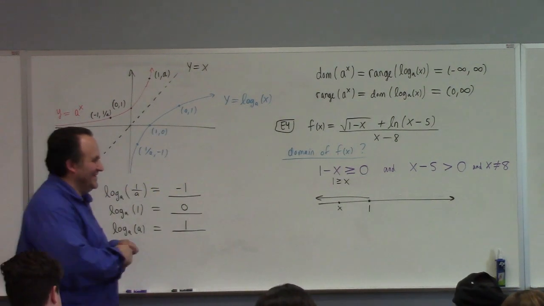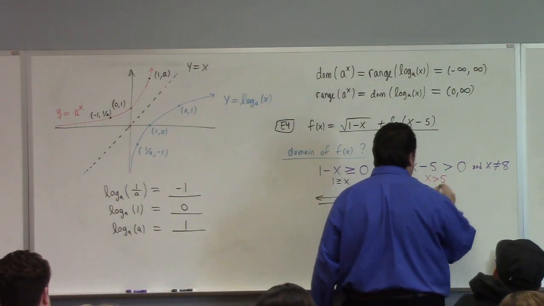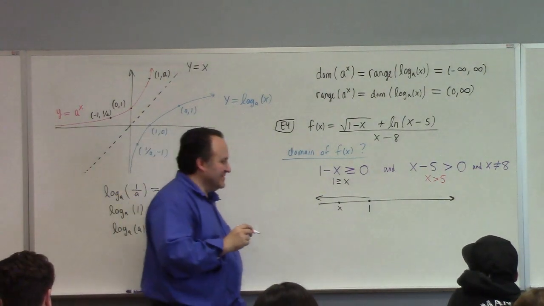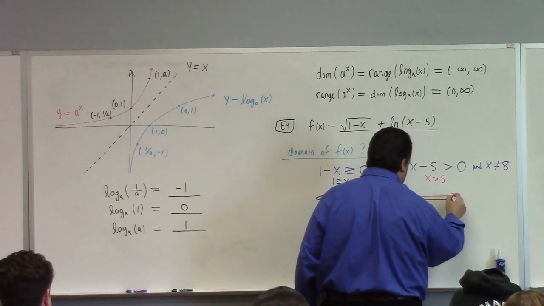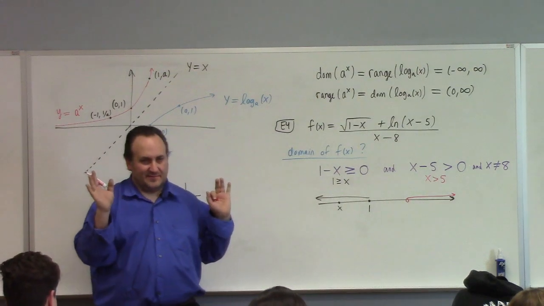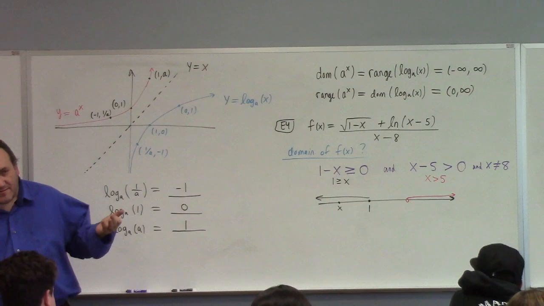So this says x is greater than 5, right? Greater than 5. Oops. So that's over here. That's like this. So I can stop right there. The domain of this function is nothing.